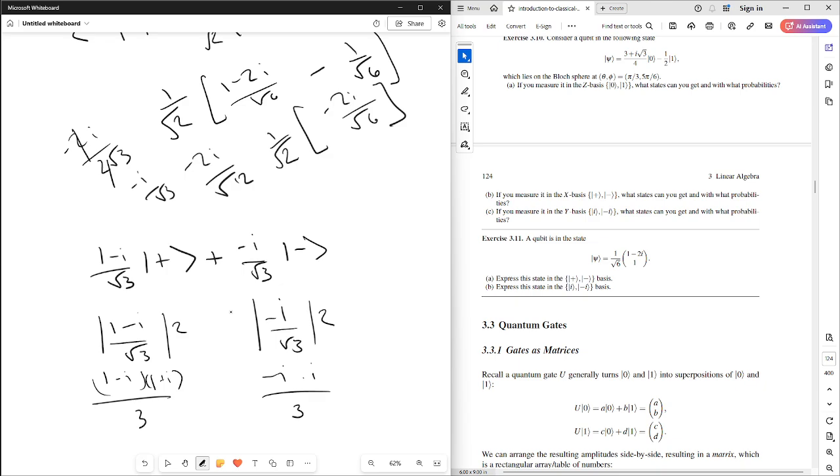Negative i times i is negative i squared, which is negative 1, so that's 1/3. And this equates to 1 minus negative 1, which is 2, so that gives us 2/3.